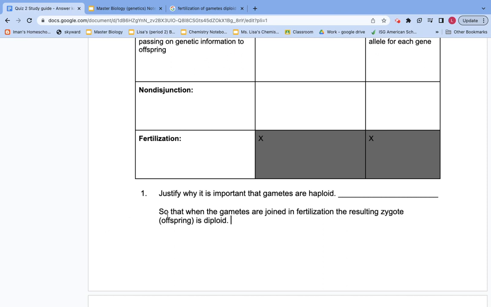Okay. So what is fertilization? This is when our gametes are joined. You can say the joining of gametes, or you can say when the genetic information of gametes is combined.